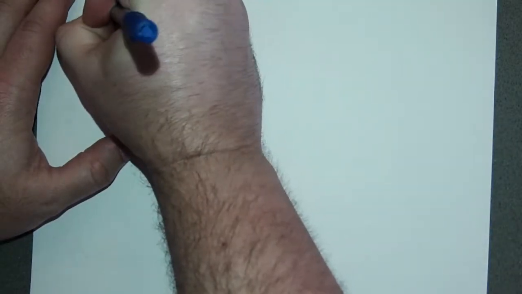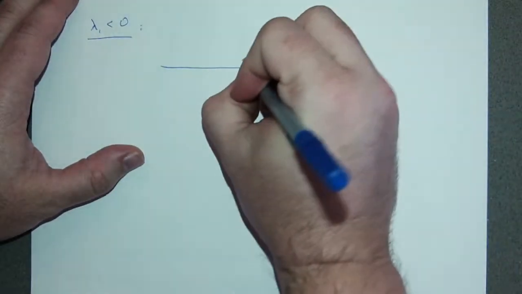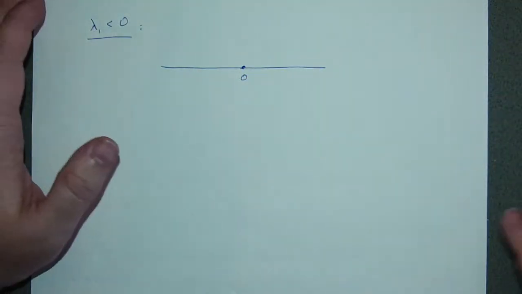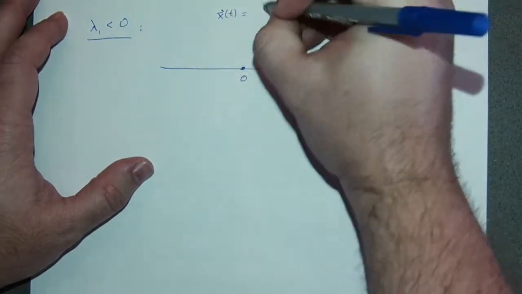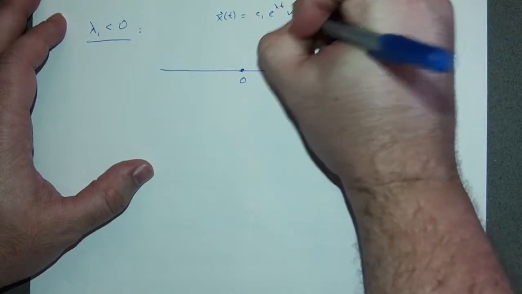What about if lambda 1 is negative? So I have the same line. All right, here's 0. But now what's going on? Remember my eigensolution, I took it off, but my eigensolution is C1 e to the lambda 1 t v1.